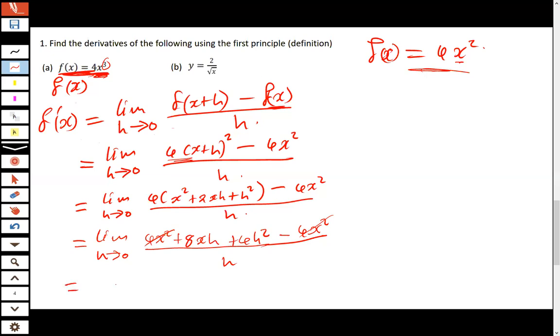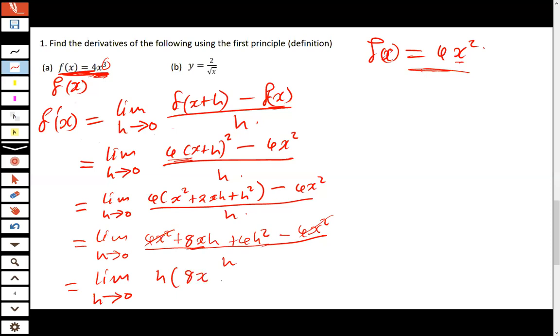So we can simplify this. We're going to have the limit as h approaches 0 of, since h is common there, we can factor it out. So we have h outside, then while there's 8xh here, we just remain with 8x.